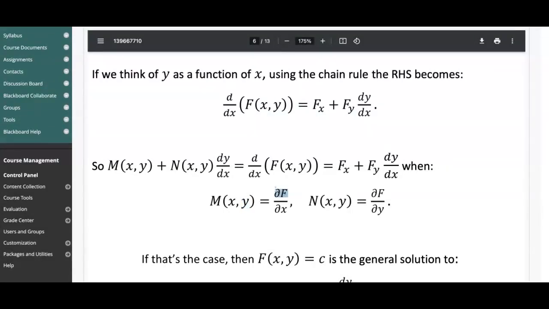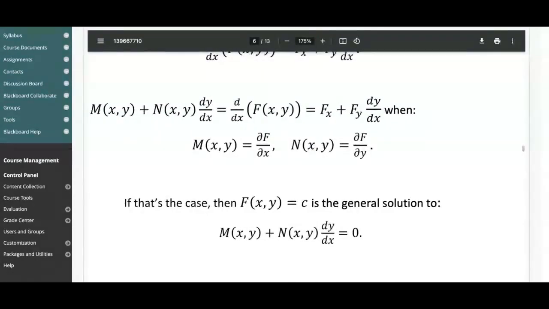We're treating all other variables as constant. Same thing for this: we only consider the rate of change of the function in terms of y, treating other variables as constant. It's called partial derivatives. All right, enough of that.